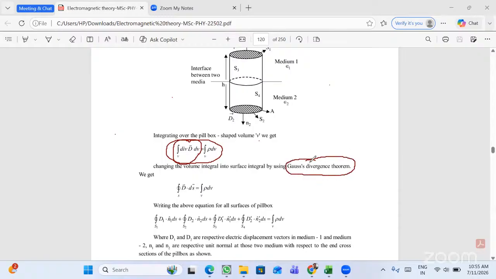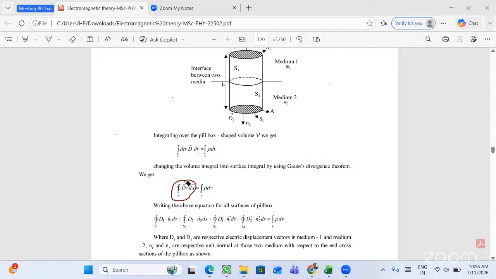Using the Gauss divergence theorem, the volume integral of divergence of D dV is converted into the surface integral of D dot dS. So mainly we use the Gauss divergence theorem to convert the volume integral into a surface integral.